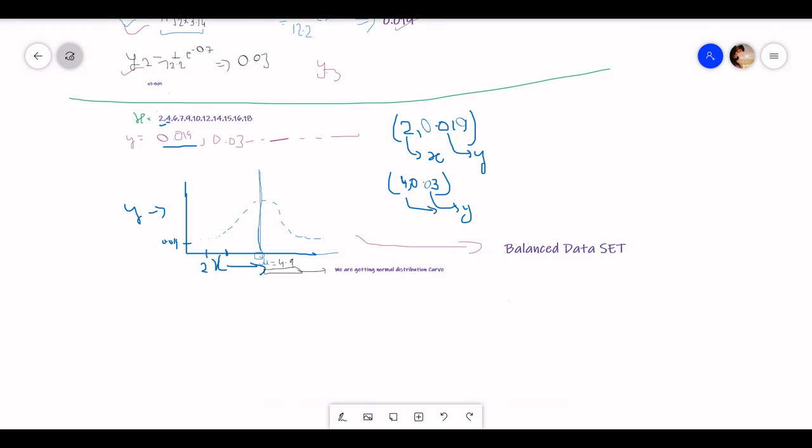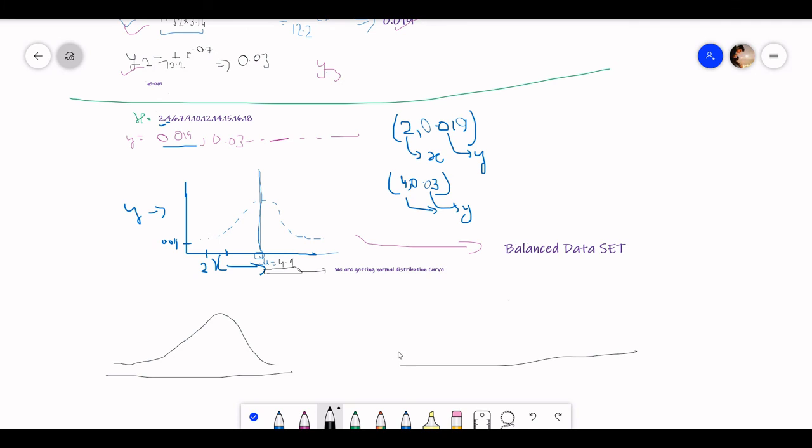So what happens if our curve is lying like this, or our curve is lying like this? This is our left skewed curve, and sorry, this is our right skewed curve.